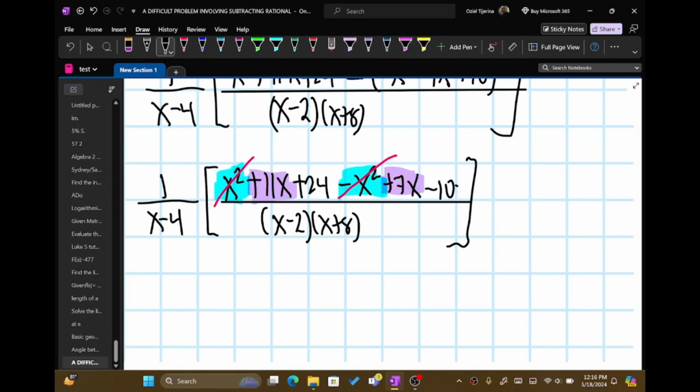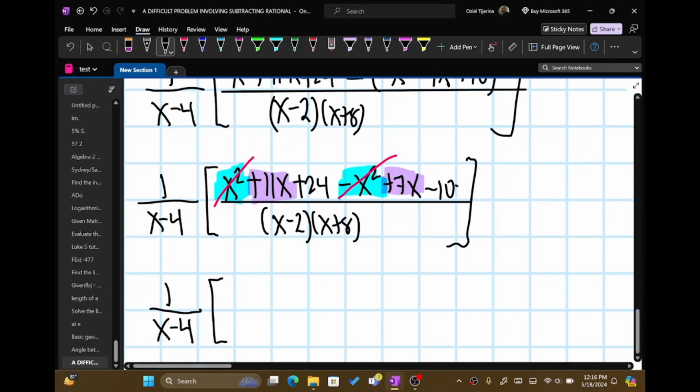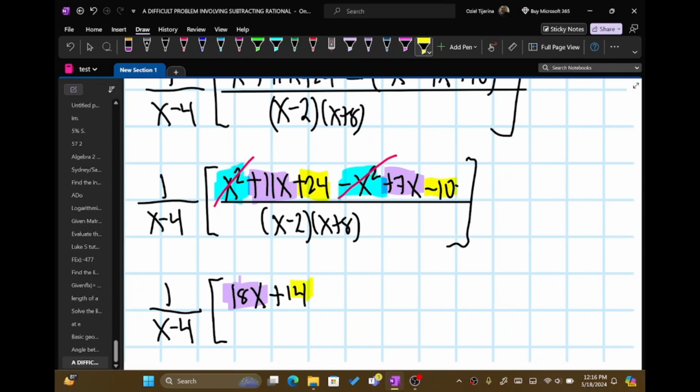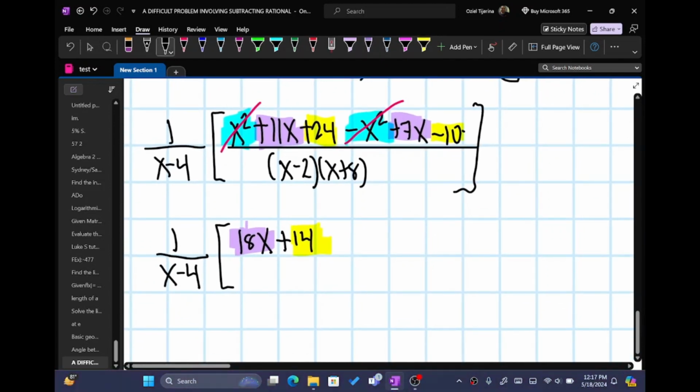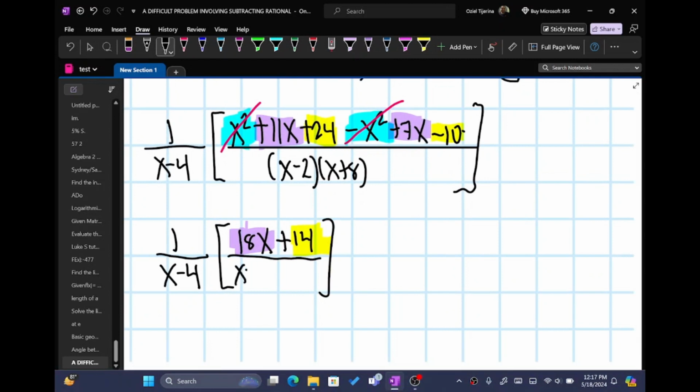And the 1 over x minus 4, like I said, is going to stay outside for now. We're almost done. So it's going to go 18x, and then we have a 24 and a negative 10. That's going to be plus 14. So we can clearly see that that is what that part is. And now we're just going to put it over x minus 2 times x plus 8.